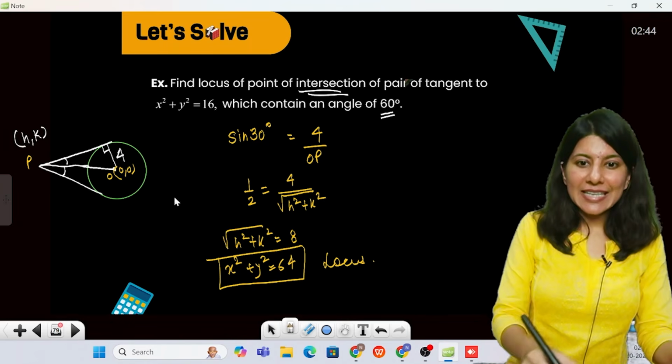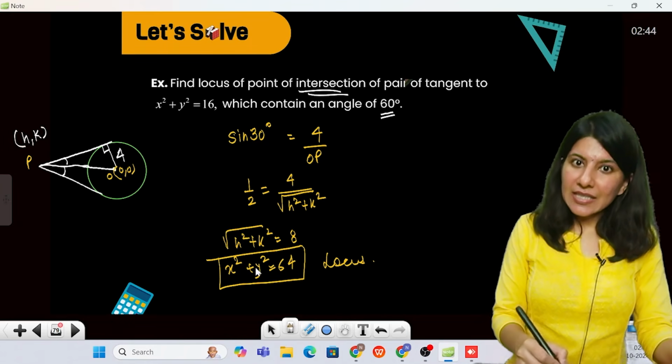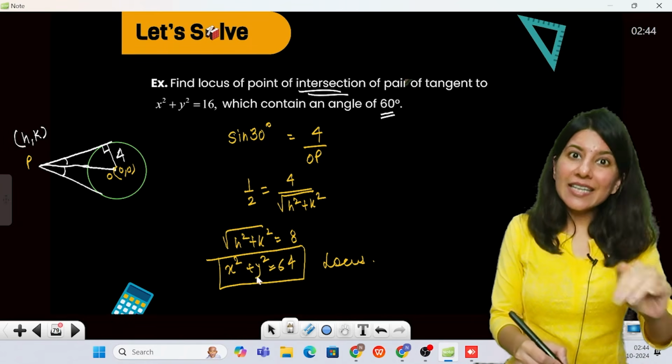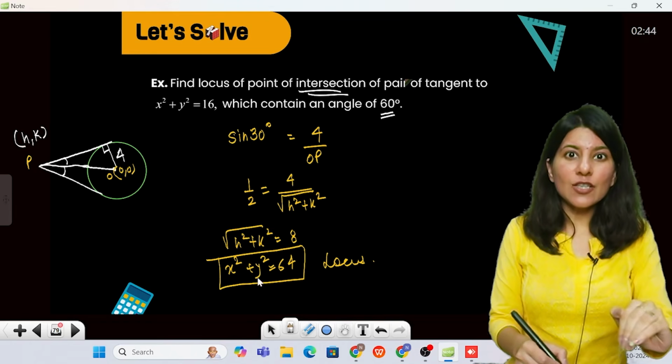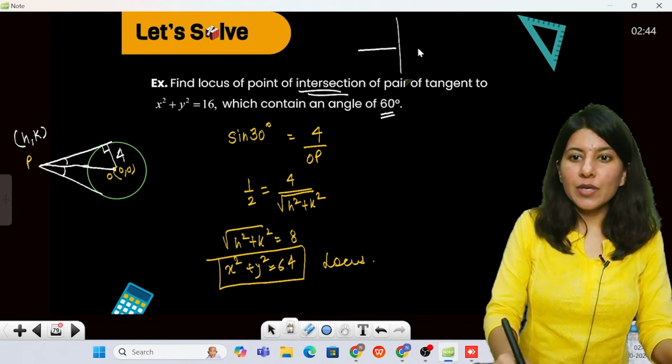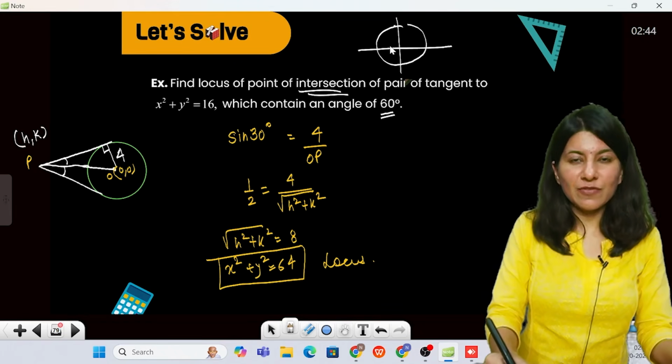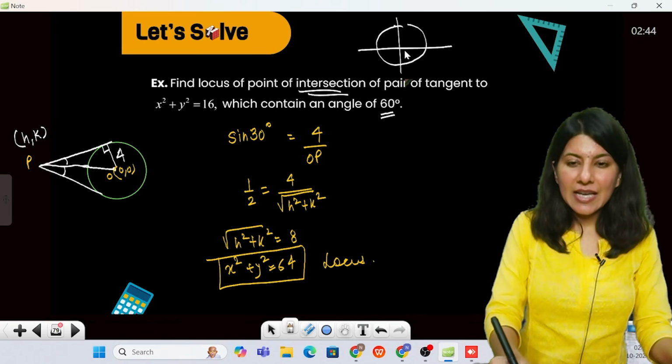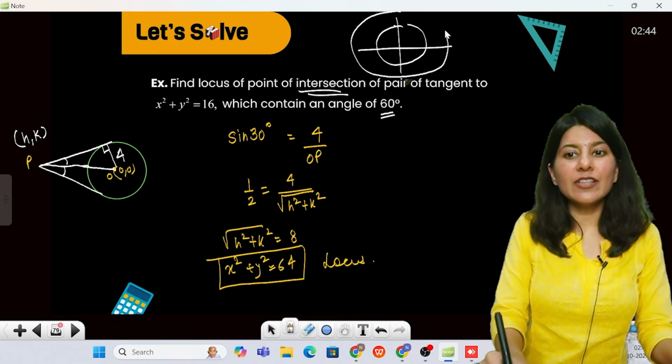So what we are saying is that this locus is again a circle with center 0, 0. Here the 4 radius circle is this and the 8 radius circle will be this.